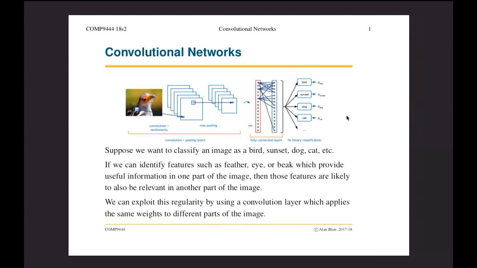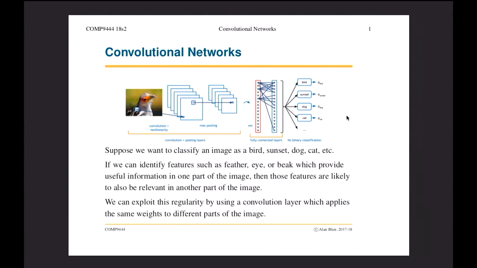So, for example, let's say we're looking to see whether there's a bird in the image. Well, what is a bird? If it is an image of a bird, you would expect it to have a beak and maybe an eye and some feathers. There are often components that make up an image.